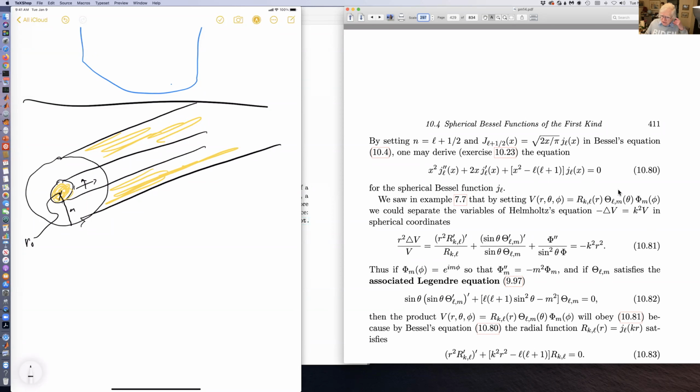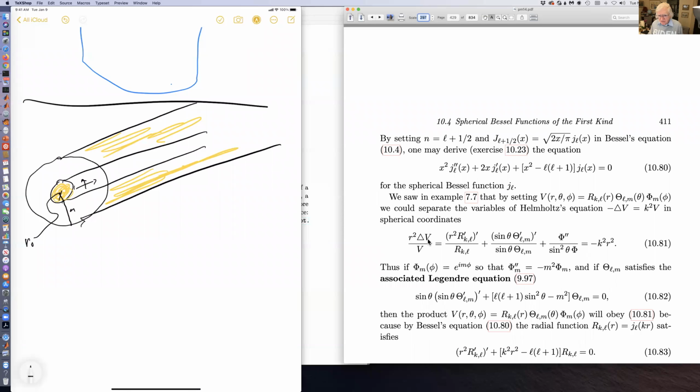In particular, we were looking at Helmholtz's equation, which is minus Laplacian of V is k squared V. Notice the Laplacian is intrinsically negative, so minus Laplacian gives us something positive, k squared. We can write r squared times the Laplacian in this way, divide by V, letting V be R theta phi, and then we get this structure here. We set phi m equal to e to the i m phi.